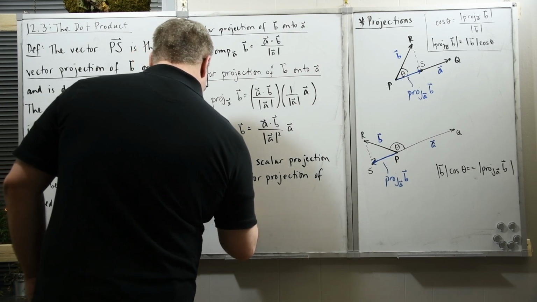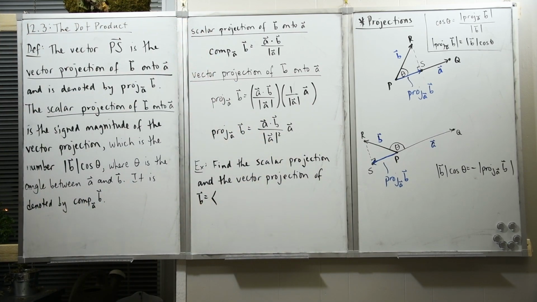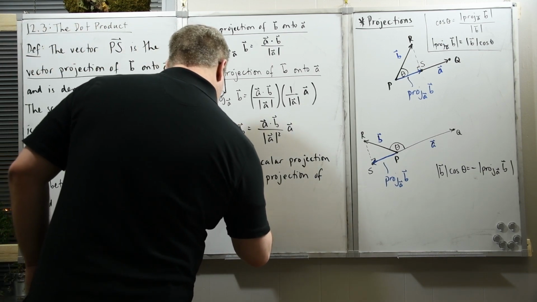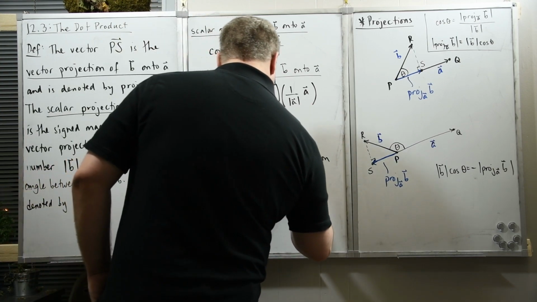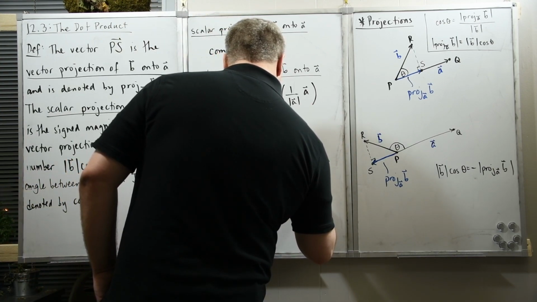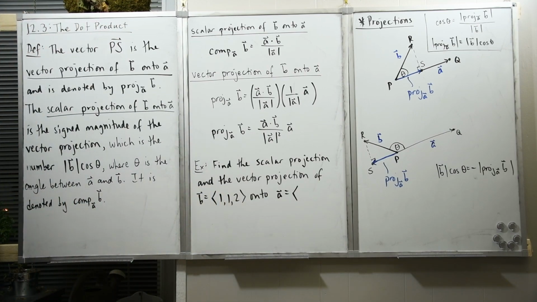The vector b, which has components 1, 1, and 2, onto the vector a, which has components negative 2, 3, and 1.